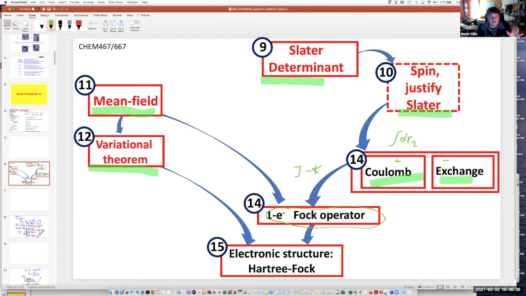This knowledge plus the variational theorem will be combined at our next meeting, and it will give the full picture of how the Hartree-Fock method works.